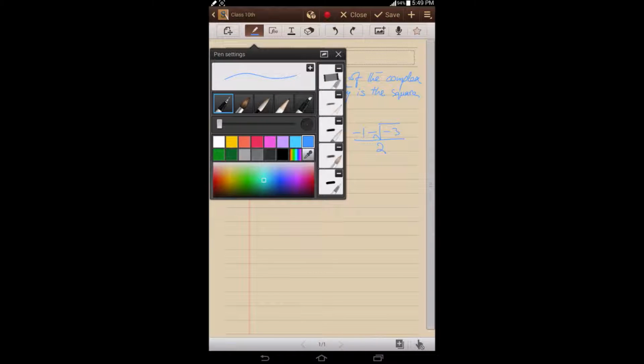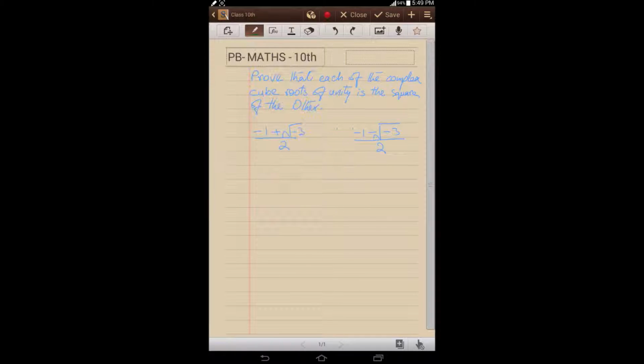-1 plus √-3 divided by 2. Let's take the square.